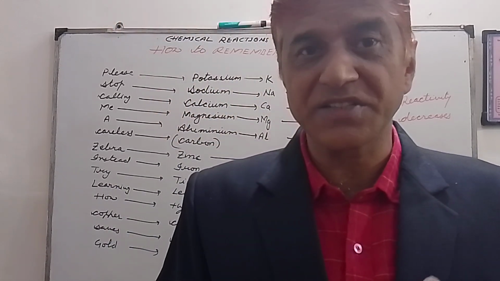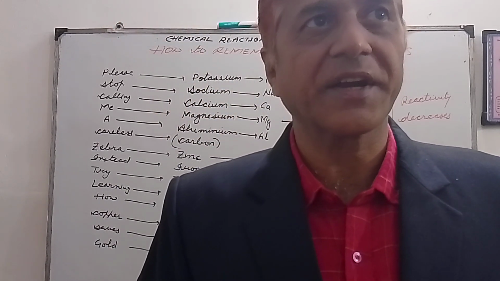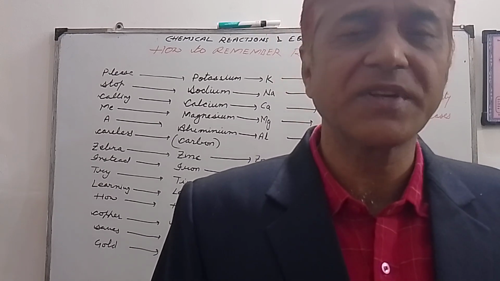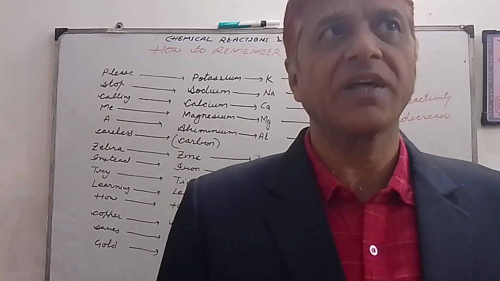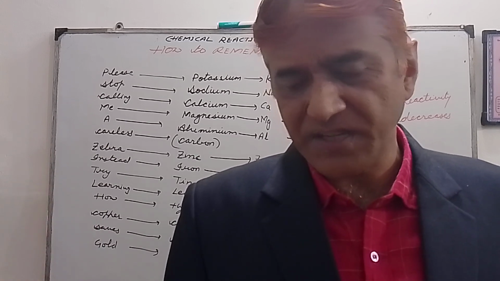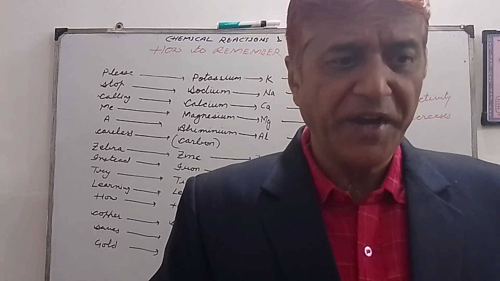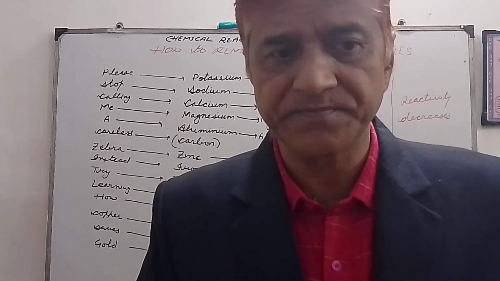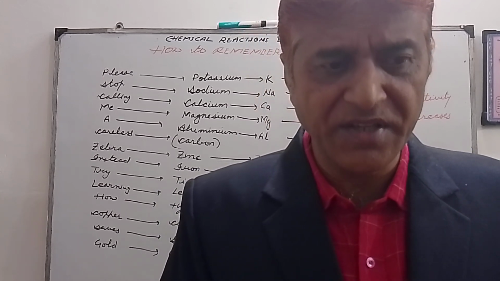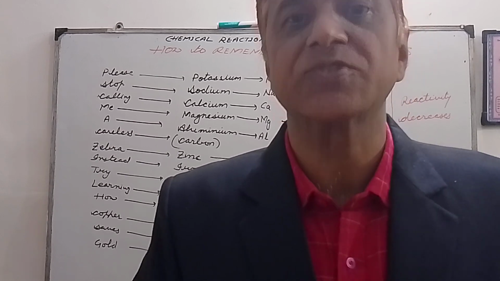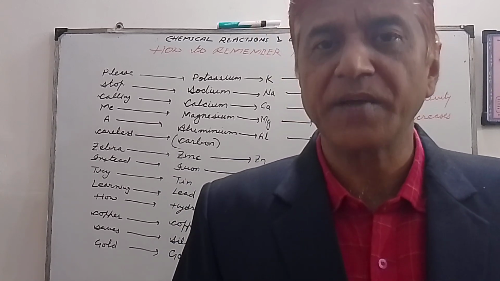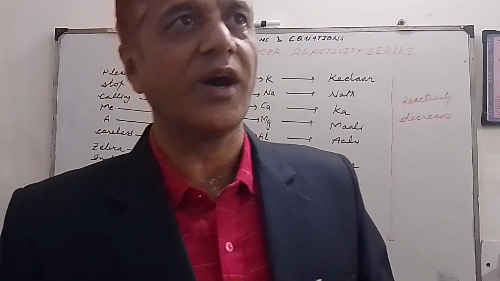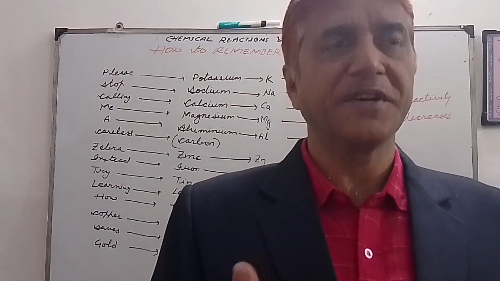If you learn this table of the reactivity series, it will prove very helpful to you in later classes to understand later chapters also. Your understanding of chemistry will be better, and you will definitely start taking interest in studying chemistry. So I'm telling you how to remember it.